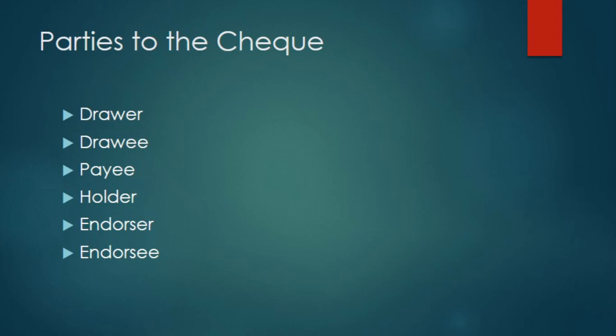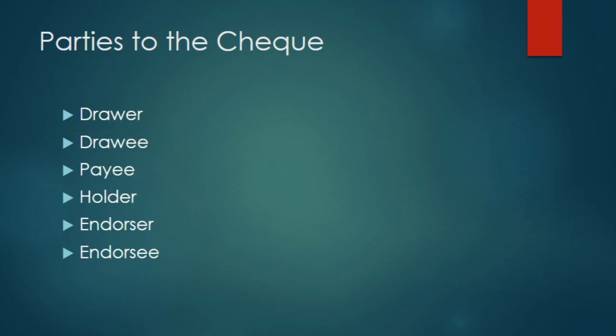Number 4, holder. The holder of the check is the person who is entitled to receive the amount of the check. In the case of an order check, the payee named in the check is the holder. In the case of a bearer check, the bearer, or the one who possesses the check, is the holder.